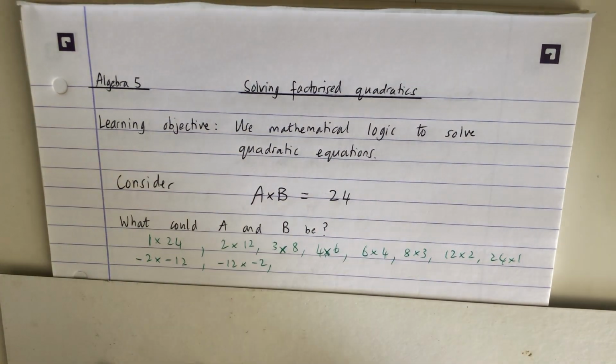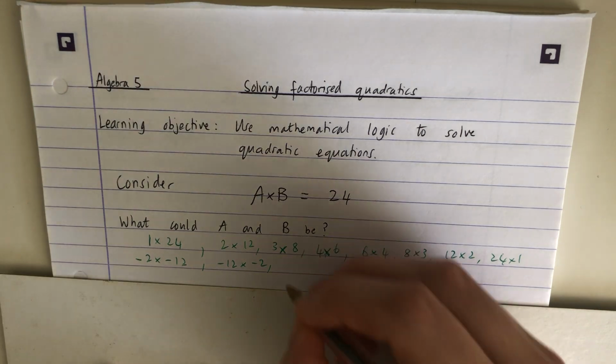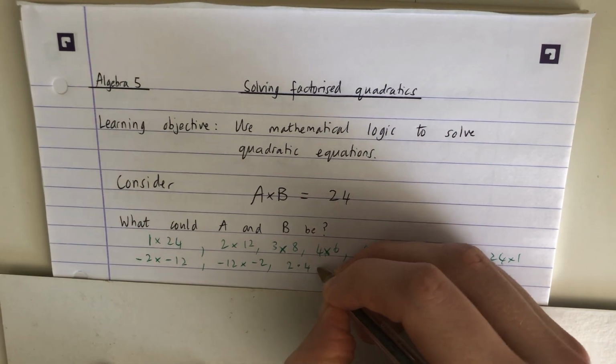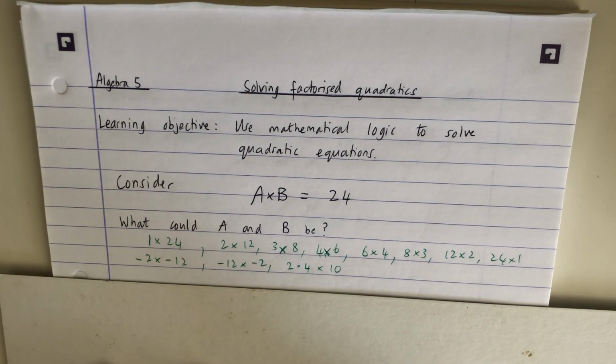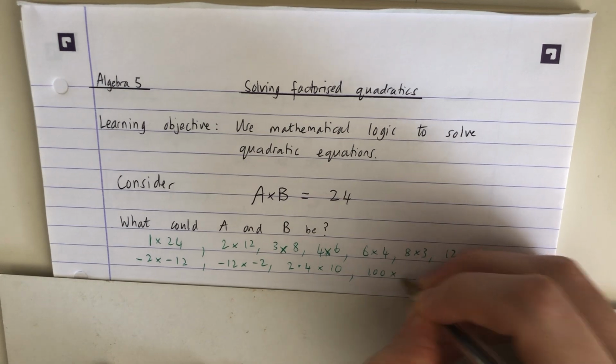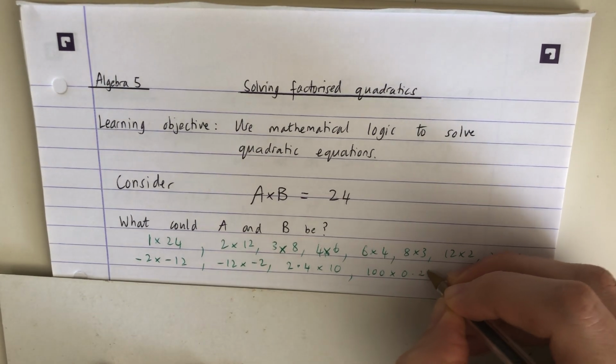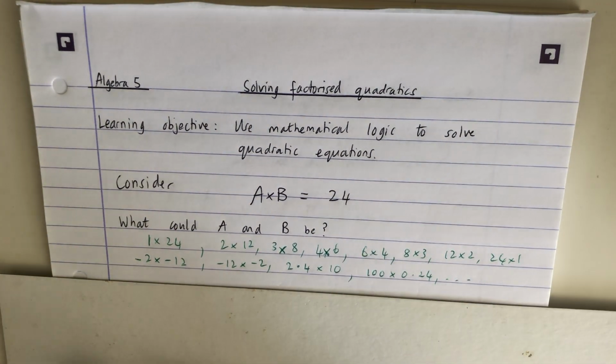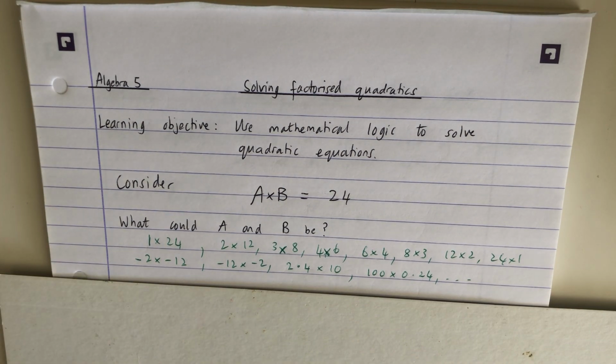You could have 2.4 times 10, or 100 times 0.24. That would go on forever. I could write different solutions for a and b, and there'd be an infinite amount, and I'd never be able to write them all down on paper.